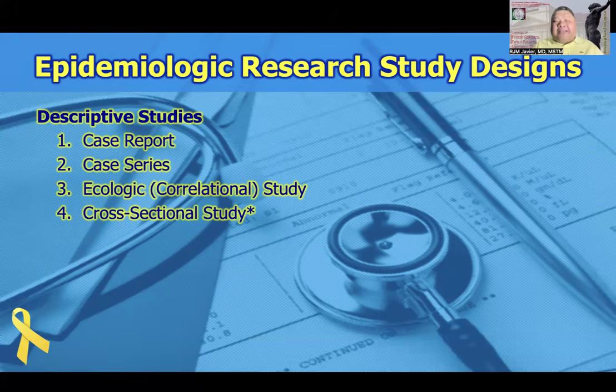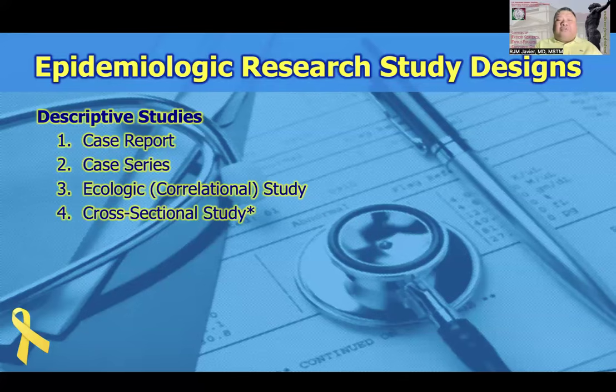I am putting an asterisk for cross-sectional study because later on in my lecture, I will elaborate on why cross-sectional studies are very unique, wherein it can be purely descriptive in nature, or it can also be weakly analytical in design. And I will discuss that in a few minutes.